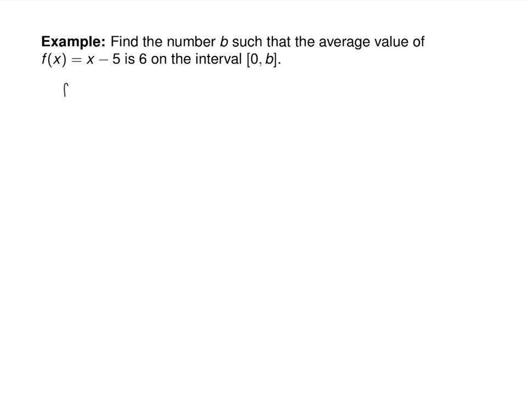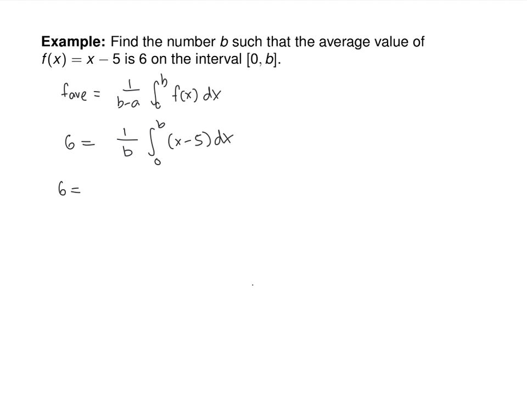Our formula for f av is 1 over b minus a, integral a to b f of x dx. We want f av to equal 6, so 6 equals 1 over b, since the interval is 0 to b, integral 0 to b of x minus 5 dx. So there's the setup.